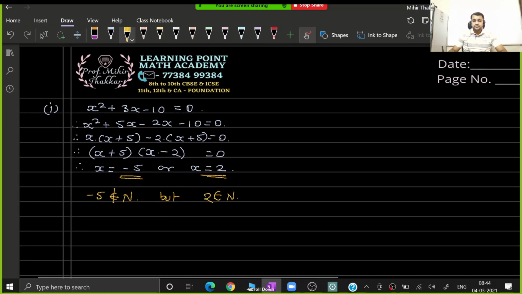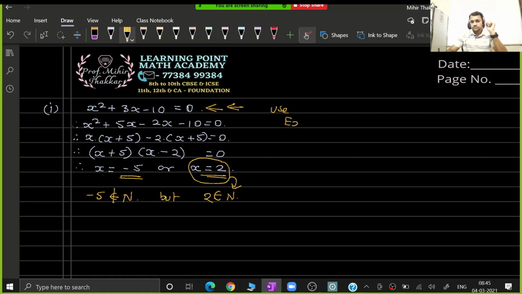So in this case, there is only one value which is belonging to the natural numbers and also satisfying the given condition, x square plus 3x minus 10 is equal to 0. So as we saw some time back, if there is only one value which is going to satisfy the given condition, definitely we have to use the existential quantifier. We cannot use the universal quantifier.